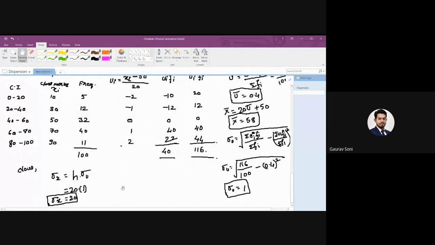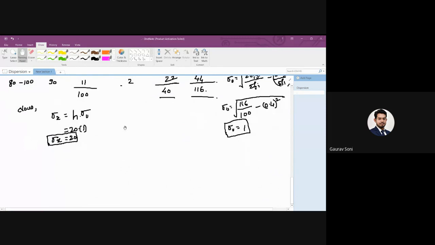So now the coefficient of variation is equal to sigma upon x bar.